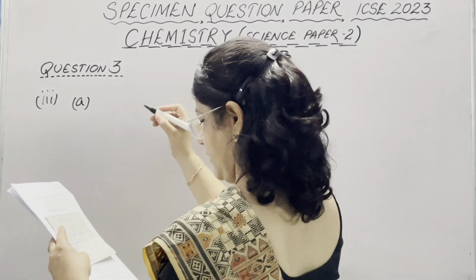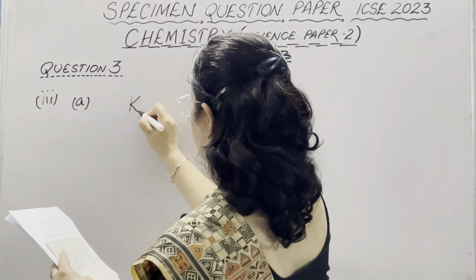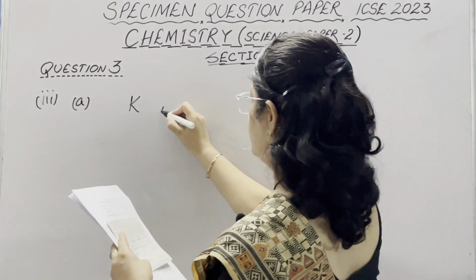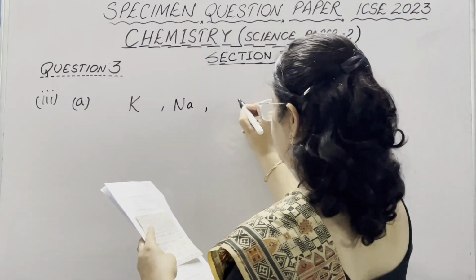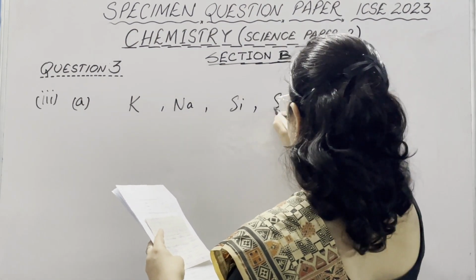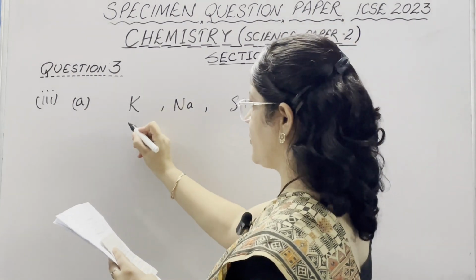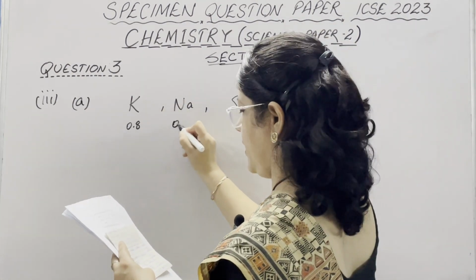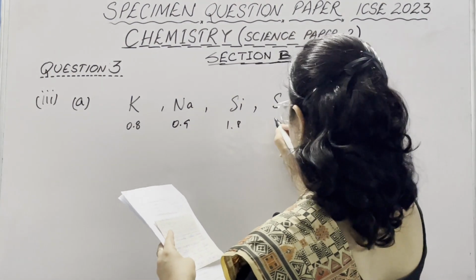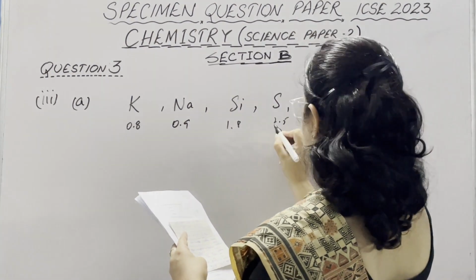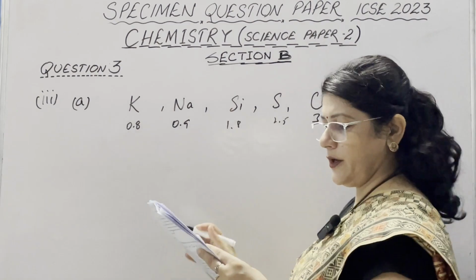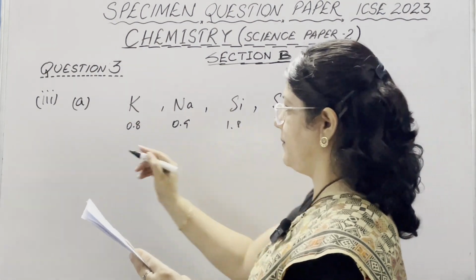So their increasing order is potassium, sodium, silicon, sulfur and chlorine. Their electronegativities are 0.8, 0.9, 1.8, 2.5 and 3. We need not mention these electronegativities there, just number them.